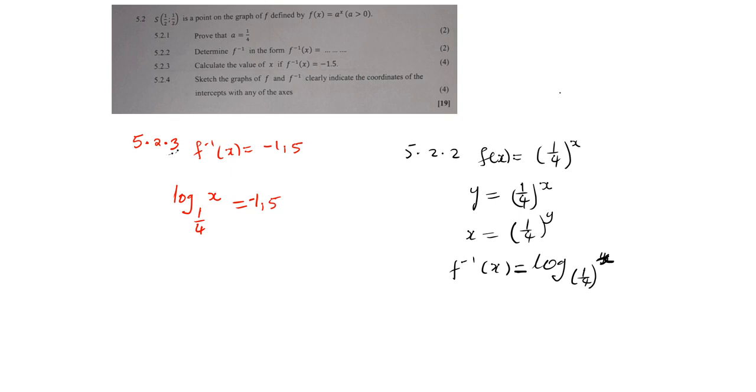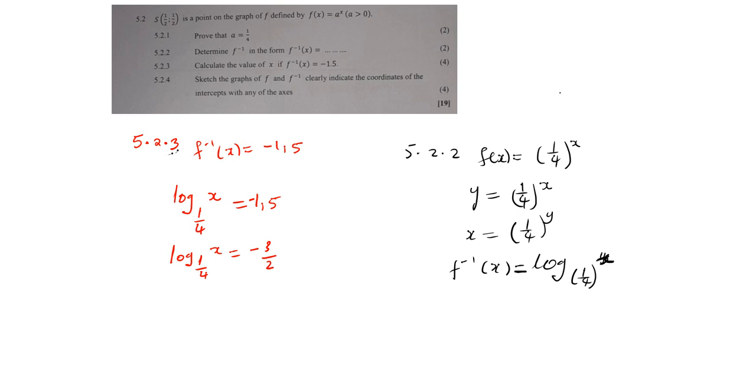So quickly after this, you will say, okay, this is the same as log of 1 divided by 4 exponent x equal to this negative 1 comma 5. It is the same as negative 3 divided by 2, because we are dealing with fractions, so we don't want to be in a state that we get to make some errors.